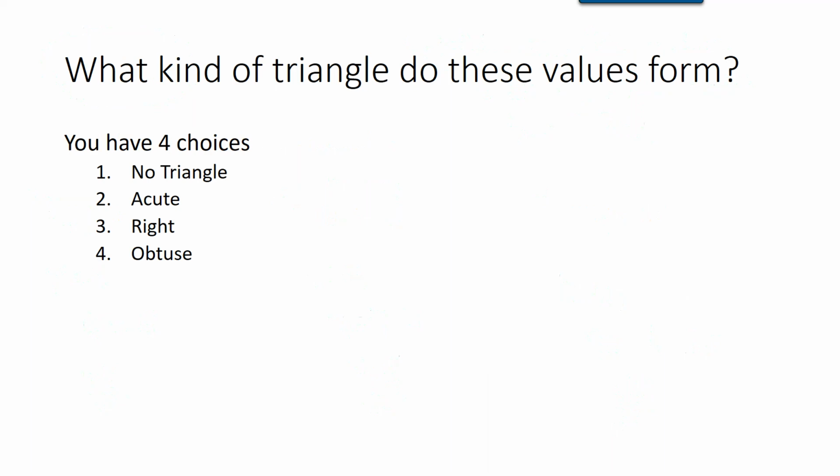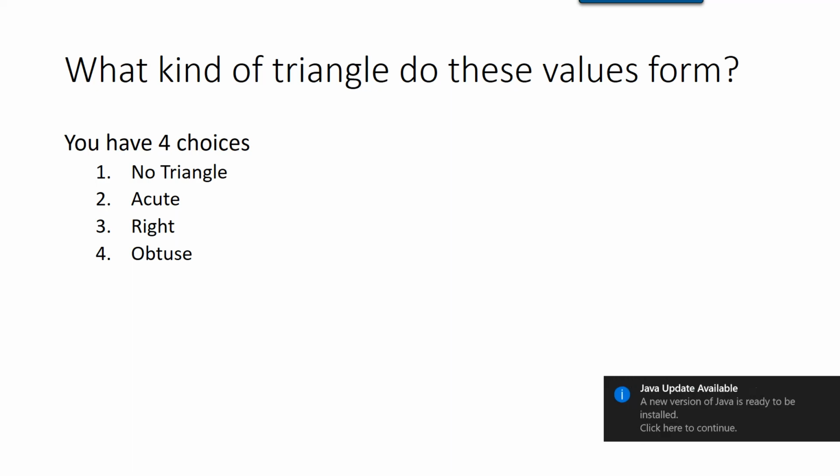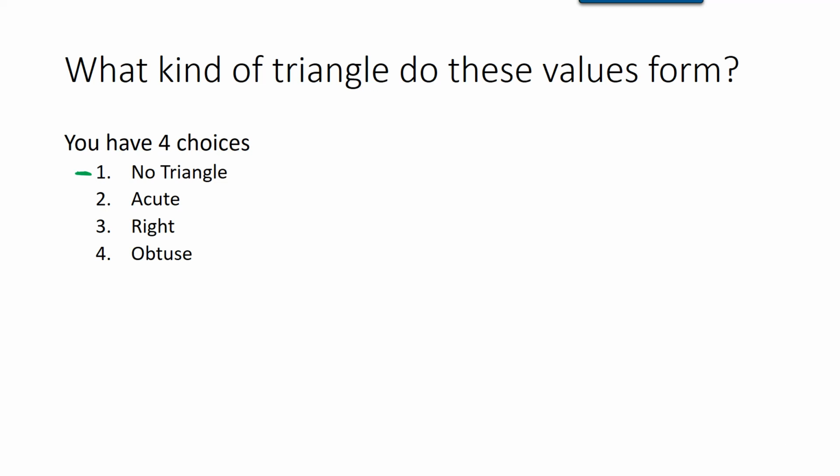Alright, so in order to figure out what kind of triangle we have, these questions today are going to have 4 choices. The first one, we could not have a triangle at all, and that's what we just looked at. If the 2 smaller sides are less than or equal to that third side, we don't have a triangle, and there's no point in continuing.